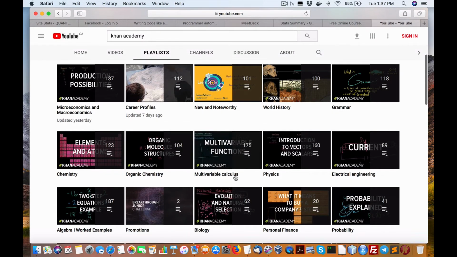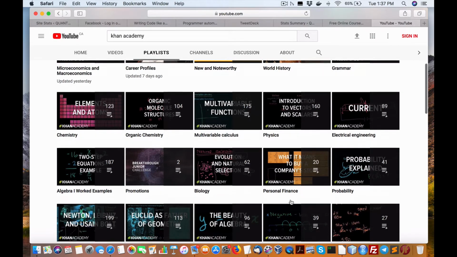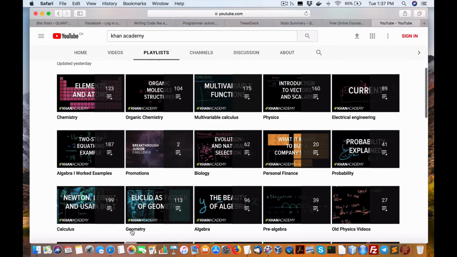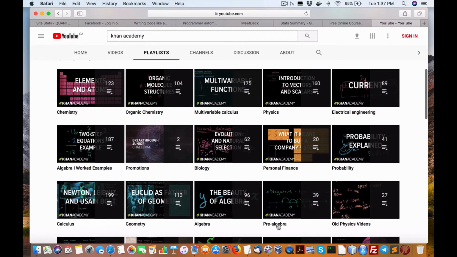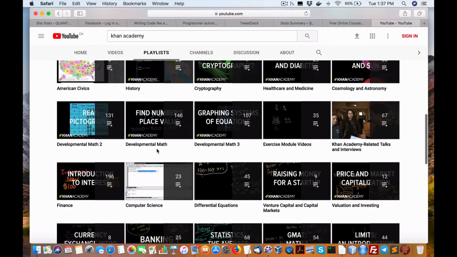So we have here algebra, word examples, probability, calculus, algebra, and if you really need to get into the pre-algebra, we also have here developmental math. That's new, developmental math, but I'm sure that these probably would be useful.